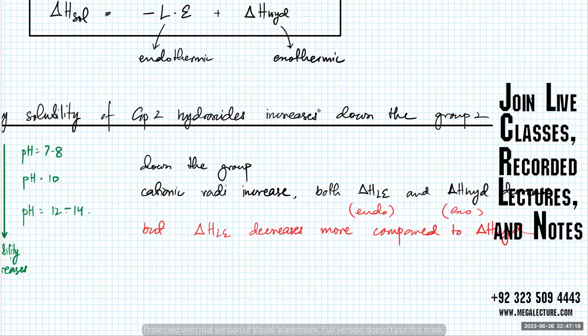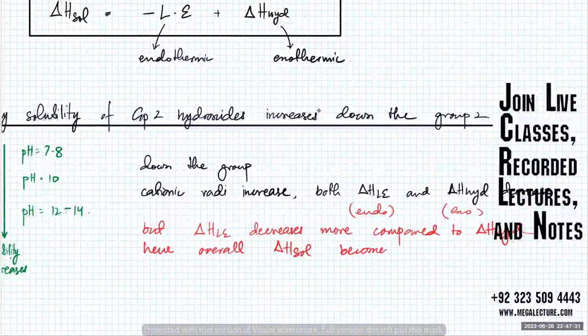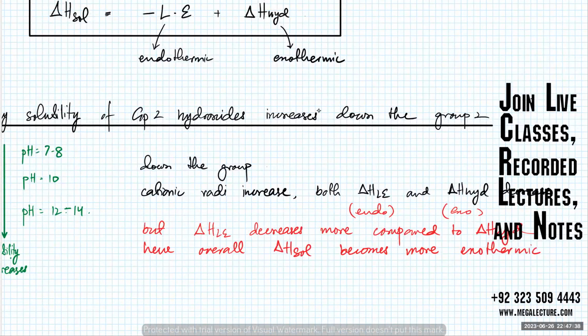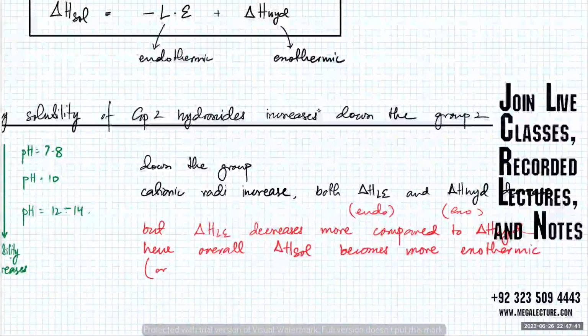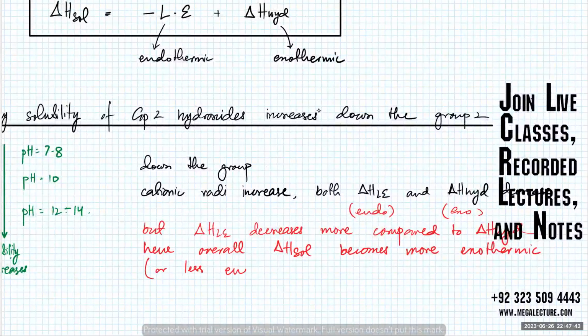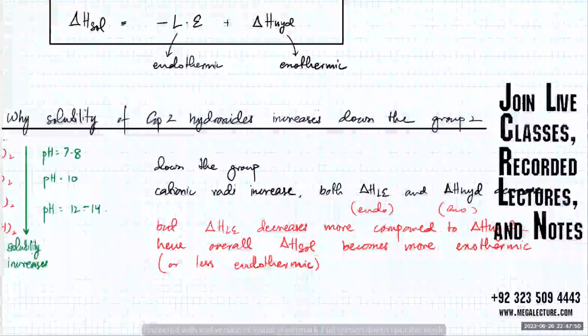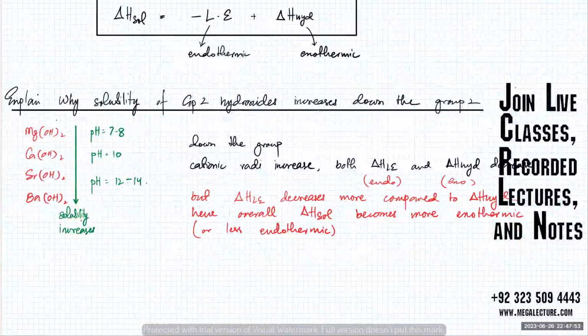Hence, overall delta H solution becomes more exothermic, or less endothermic. And hence the solubility increases. Is that clear?